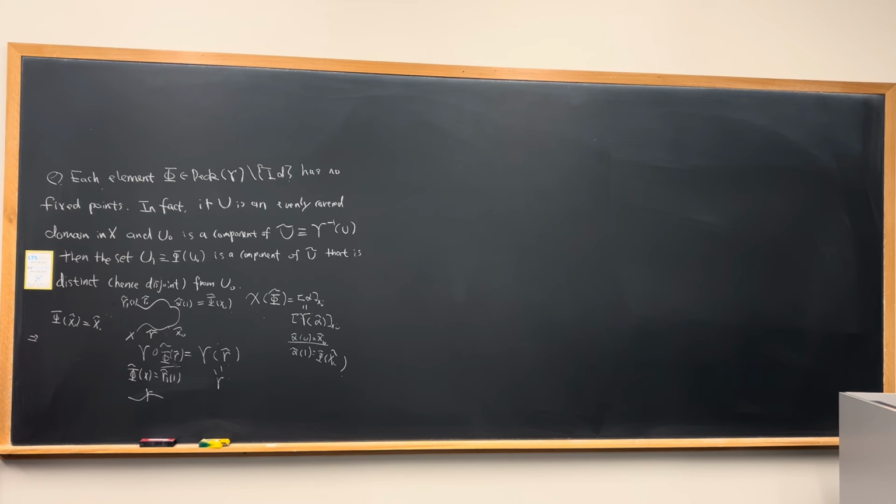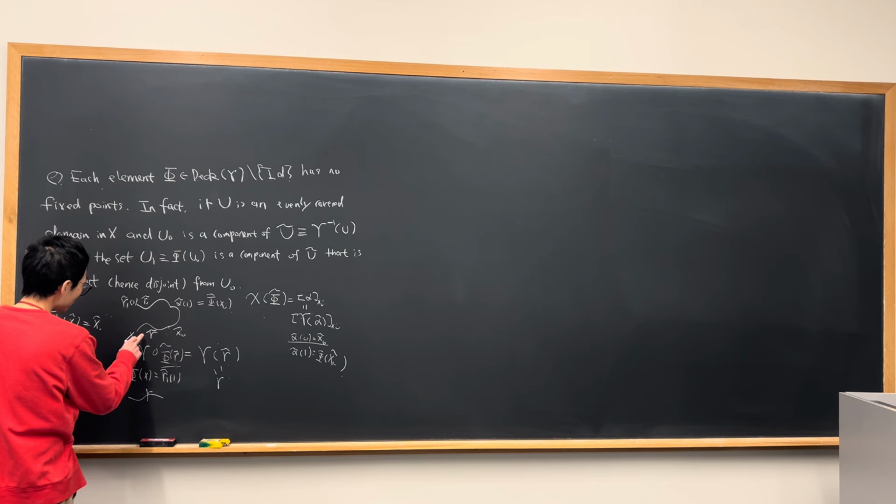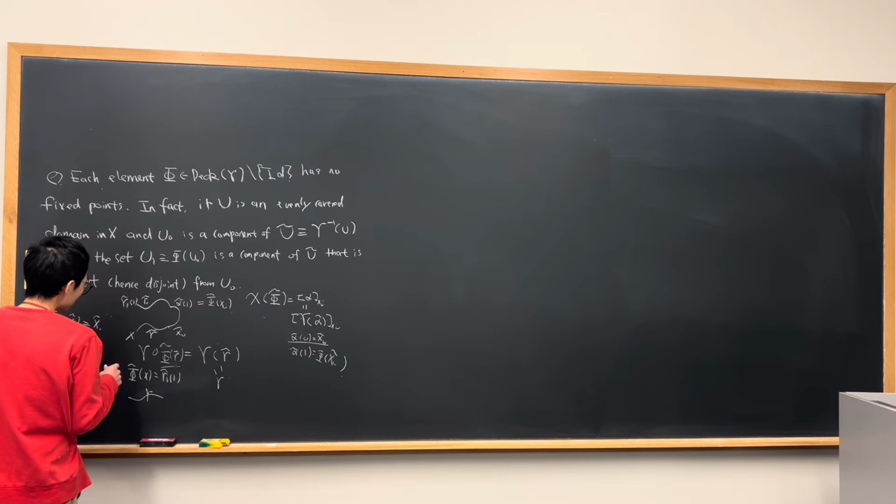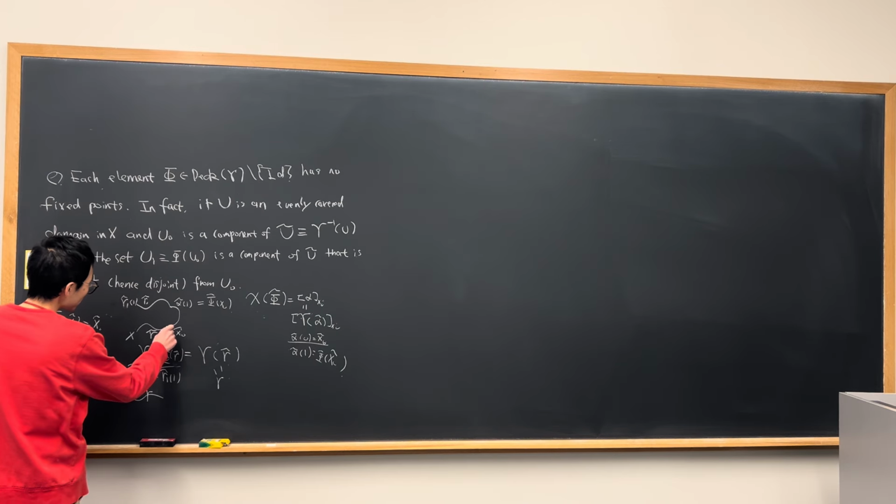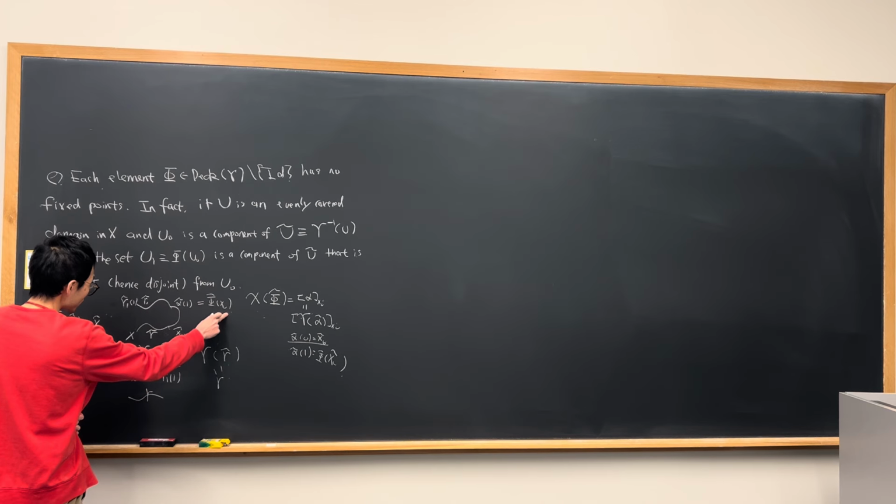So basically, you think of these two points as the same, because this alpha 1 is phi tilde of x tilde.